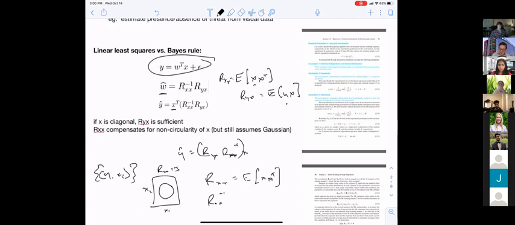But suppose it's not circular. Now we have an RXX which is not equal to the identity. What does RXX inverse do? It will spread this stuff out. It will modify the X, it will spread out the axes in such a way that this sort of non-circular thing will become circular, right?